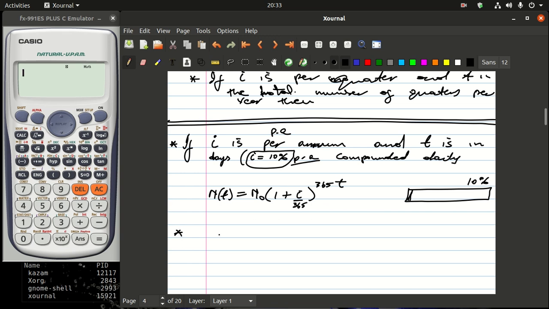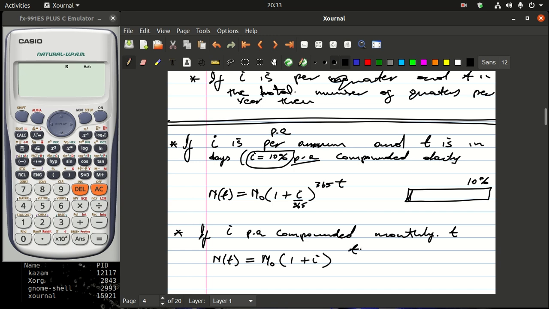Another way will be if you have your I, and I is per annum compounded monthly. And if t is in months, then the equation you will end up using is N of t is equal to N naught and then 1 plus I raised to some t there.